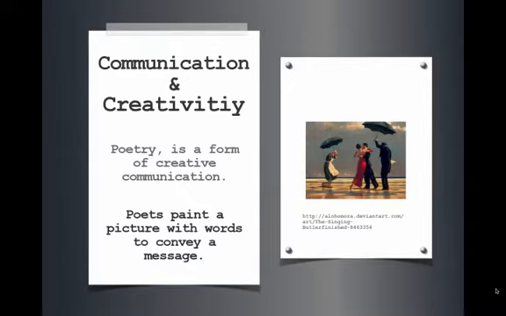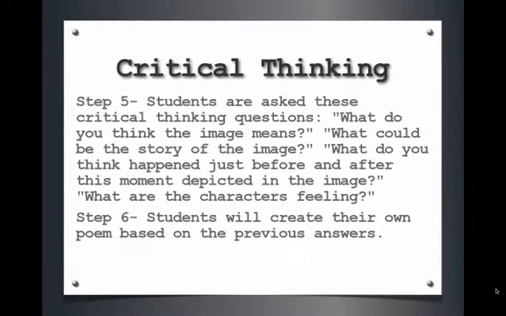When we're looking at the 4 C's, we see communication, we see creativity, we see critical thinking when the students are designing their story that they're going to use for their poem, especially when we're asking questions that don't have standard answers.